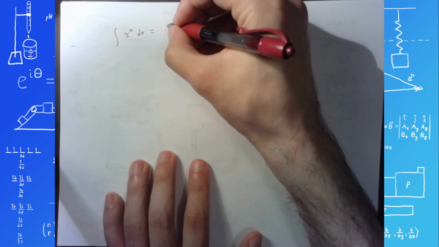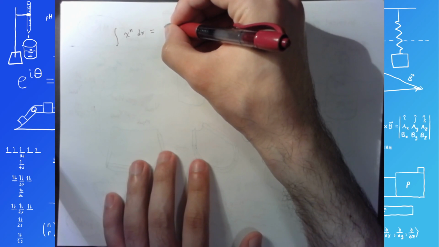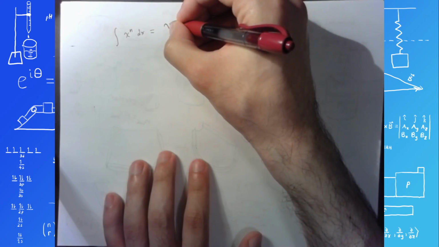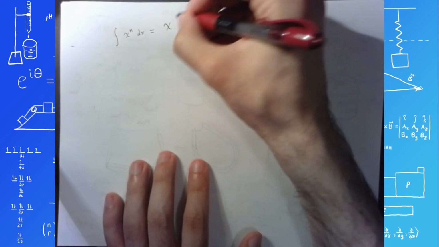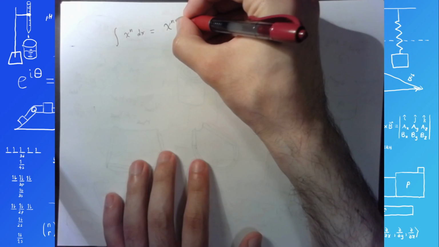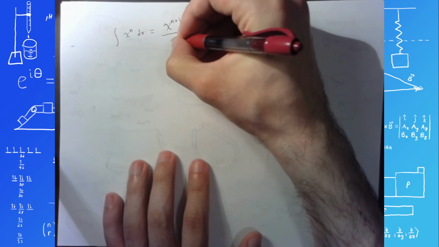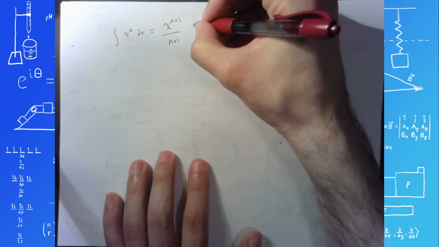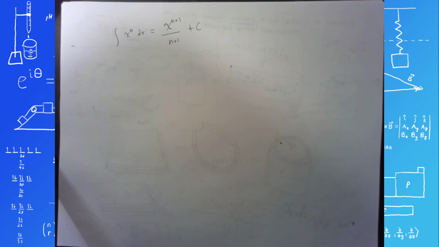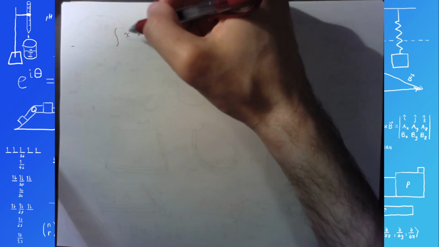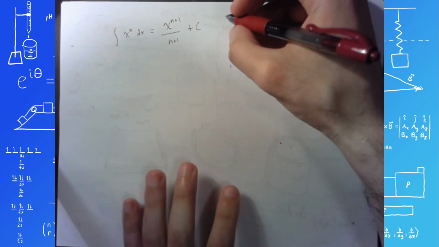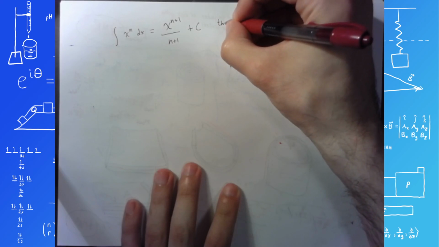But the general pattern you'll find, and if you really want a proof of this, I know Khan Academy has a proof for it, is x to the n plus 1 divided by n plus 1, plus a constant. So you increase the power by 1 and you divide by the new power. This is called the power rule.